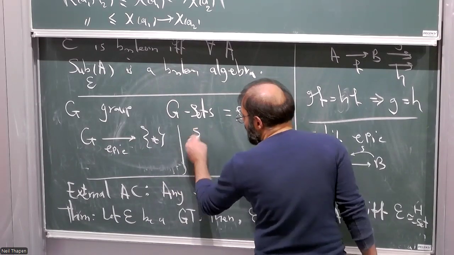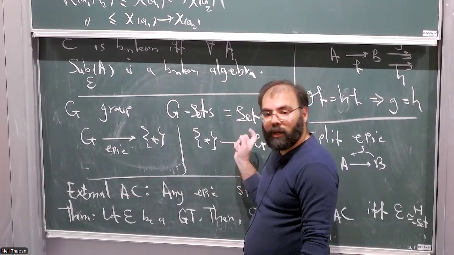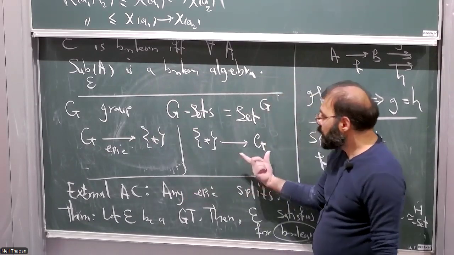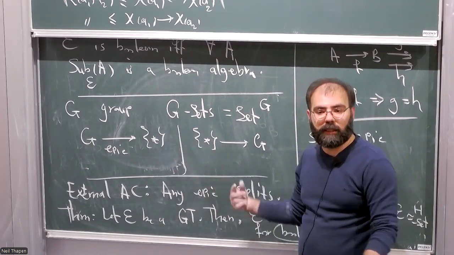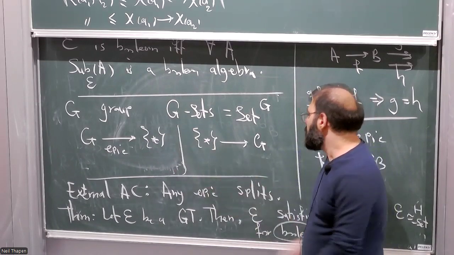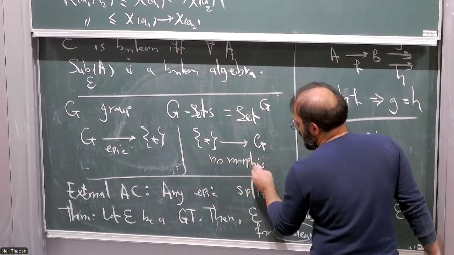It is not a split epic because there is no morphism in the converse direction. There is no morphism, not just morphisms such that you can compose it and then you get identity. There is no morphism here. And the reason is again simple.